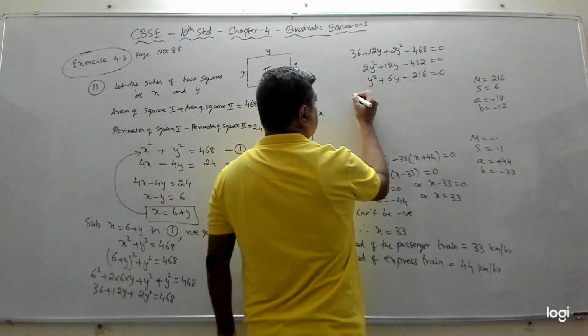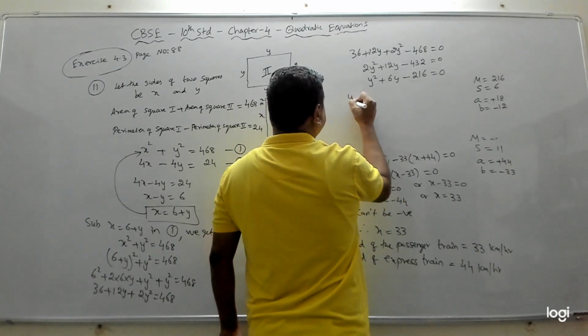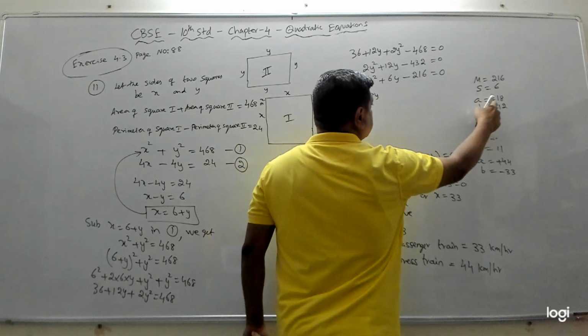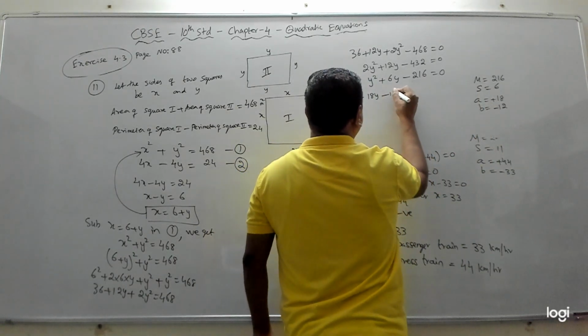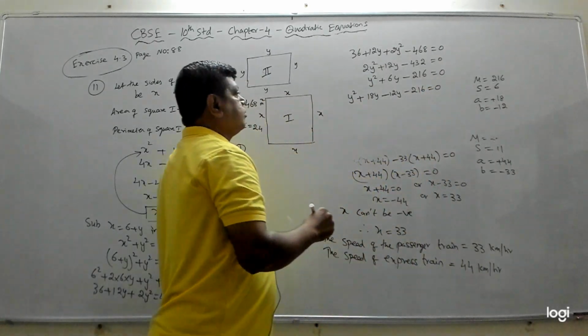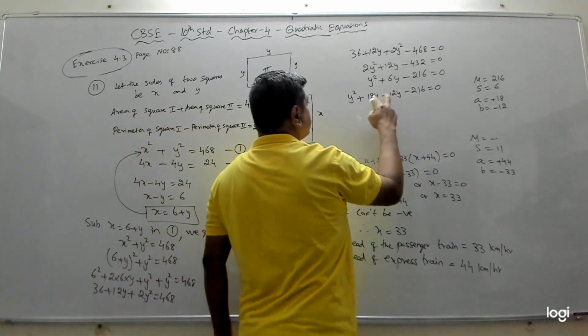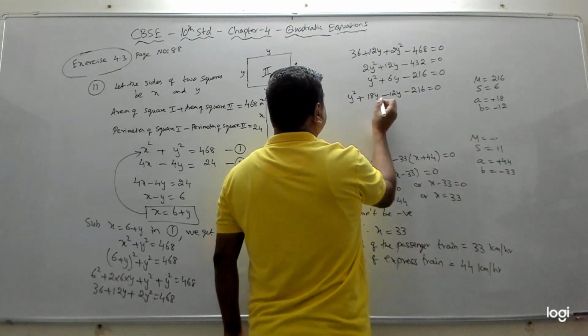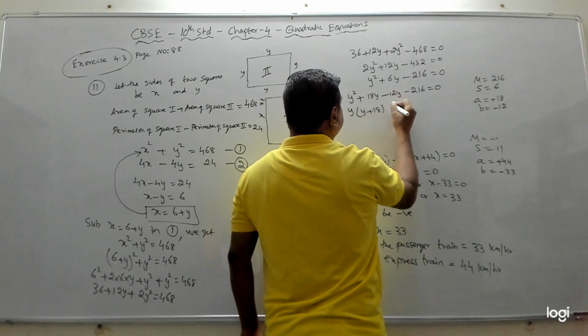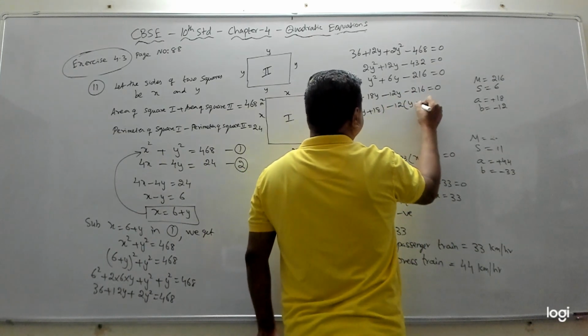So what we get is y square plus 18y minus 12y minus 216 equal to 0. So we are splitting this 6y as 18y minus 12y. Now in this, if I take y common, I'll get y plus 18. Then here minus 12 is common, you get y plus 18.